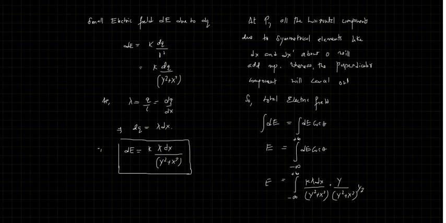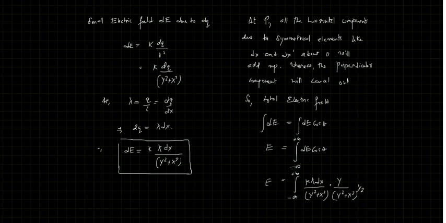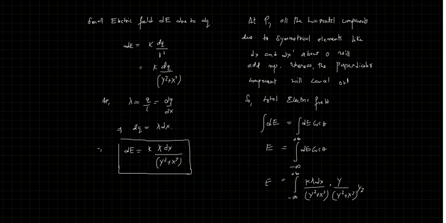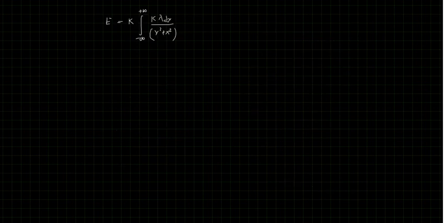So our equation is E equals k integral from minus infinity to plus infinity of lambda dx by y square plus x square to the power 3 by 2. Let us keep the cos theta only, because we will make a substitution.